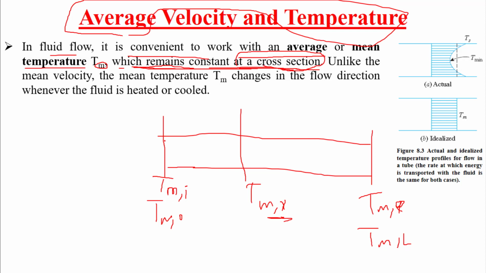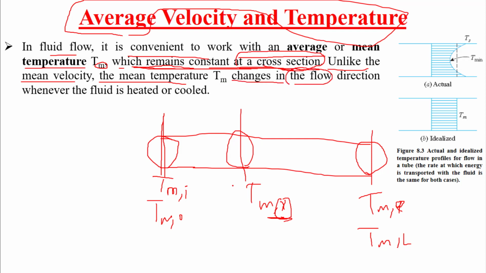So here T mean across this cross section remains constant. T mean at this location remains constant. T mean at this location at the cross section becomes constant. Unlike the mean velocity, the mean temperature changes in the flow direction.